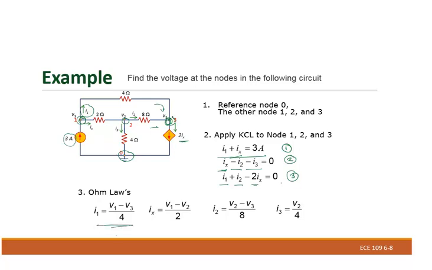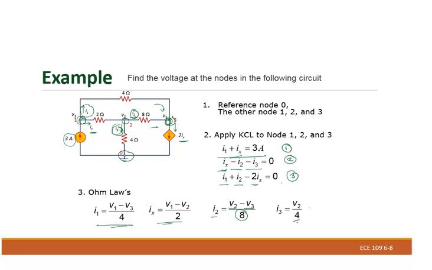Ix is right there over 2 ohms, so it is V1 minus V2 divided by 2 ohms. I2, I'm sorry, is this one here: V2 minus V3 divided by 8 ohms. I3 is going to the reference through the 4 ohm resistor again, so it is V2 minus 0 divided by 4 ohms.